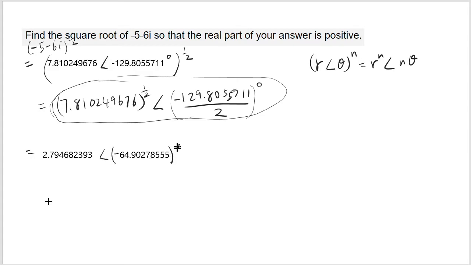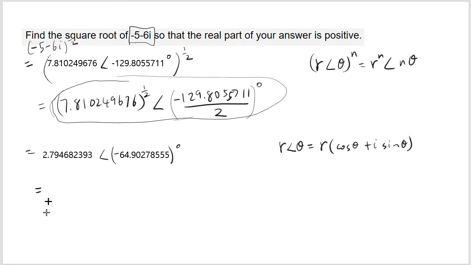Angle degrees, and now we have to convert this back into the rectangular form, because the original question was given in rectangular form. So what you need to do is use the fact that r angle theta is really shorthand for r times cosine theta plus i times sine theta, right?